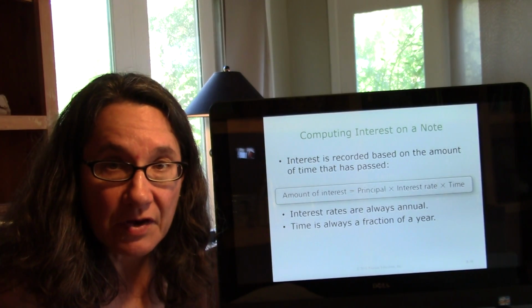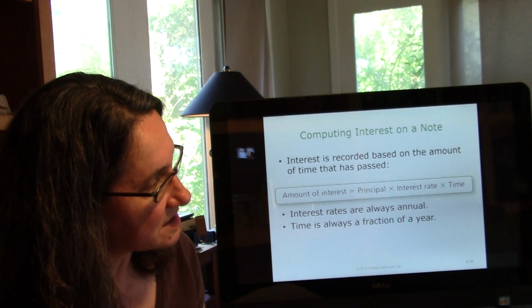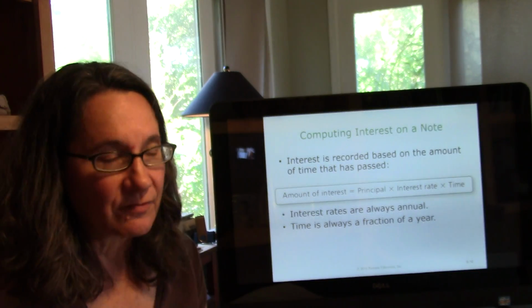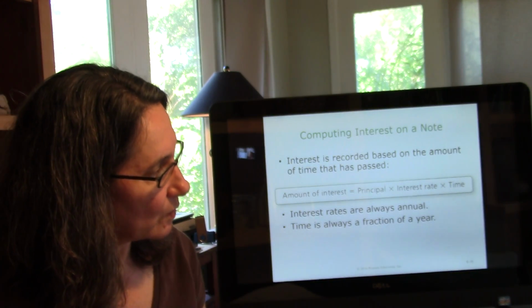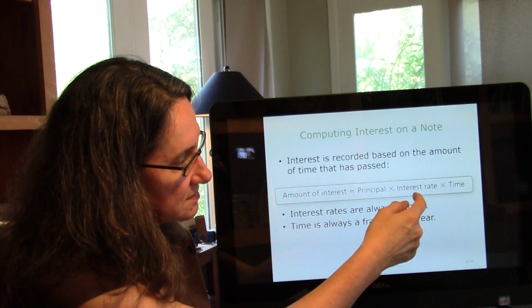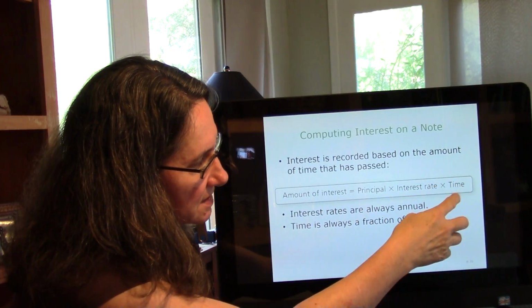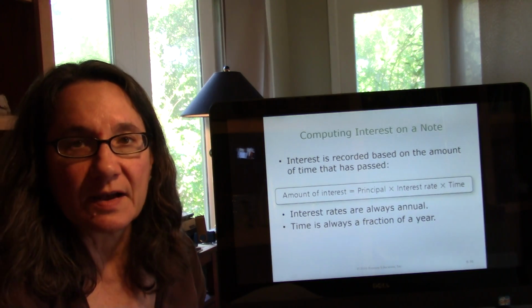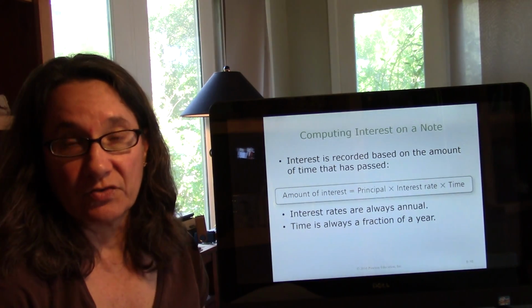Because interest rates are annual. So if it was 6 months, you'd put 6/12 or 1/2, 0.5. If it was 1 year, you just put 1, right? So 1,000 times 6% times 1 year is $60, right? So principal times the rate times the time, PRT, equals interest.